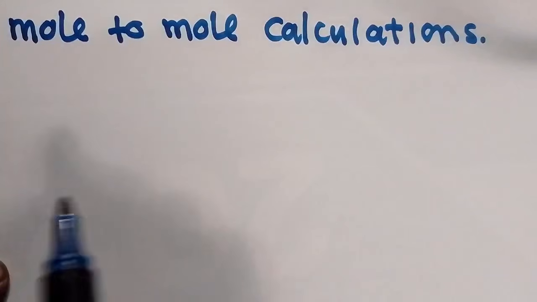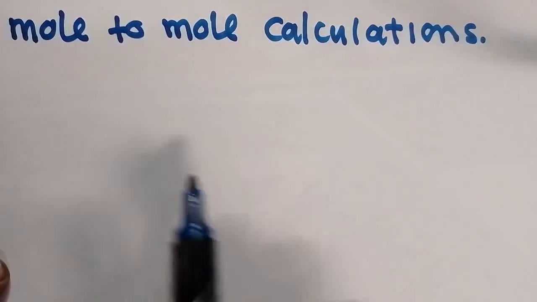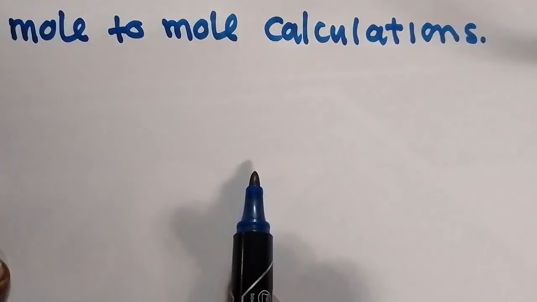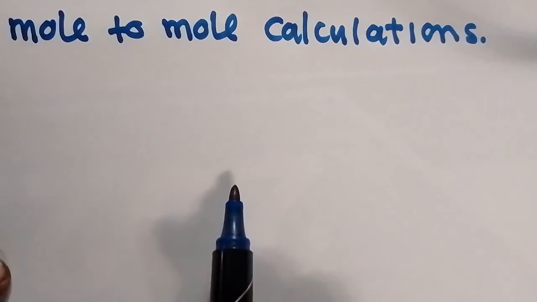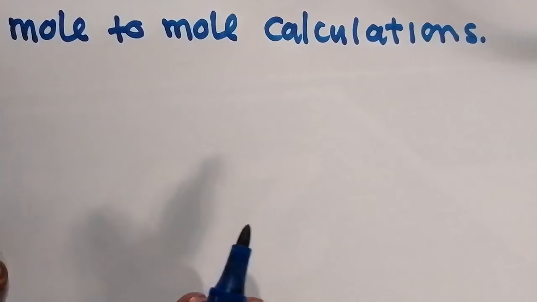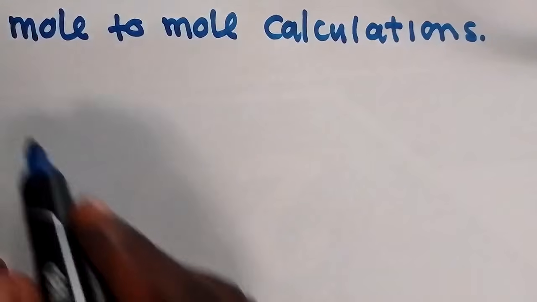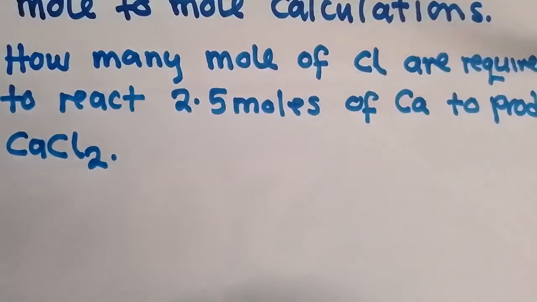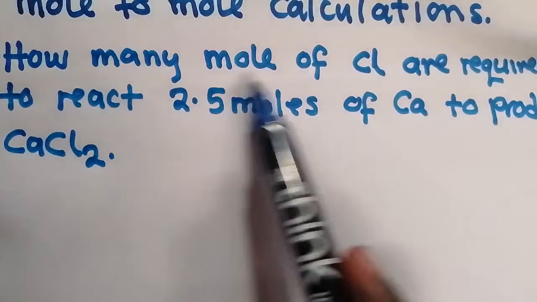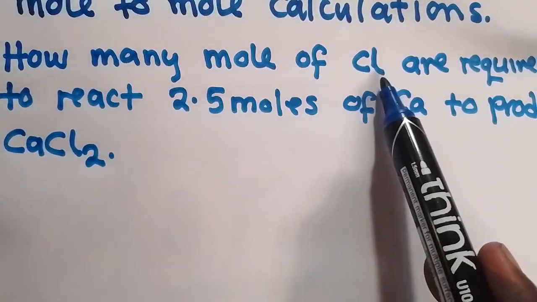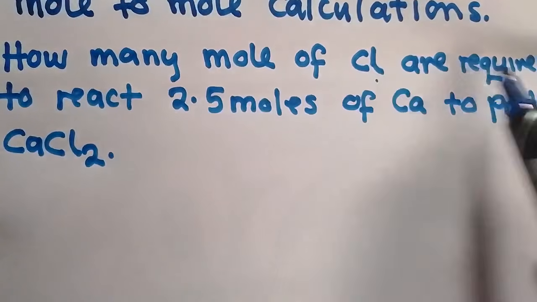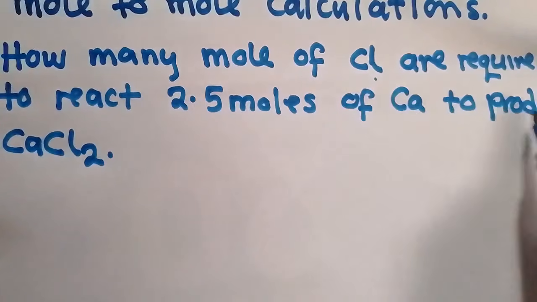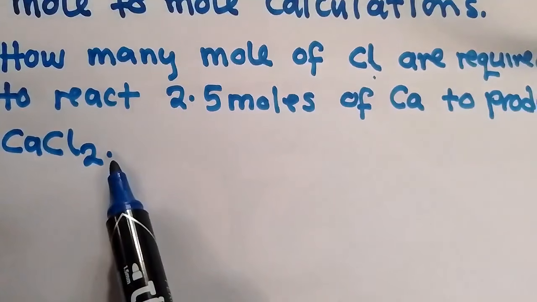The first thing you do is write the chemical equation. After writing it, you balance it. You need to make sure that it is balanced. So let us look at an example. You are given an equation.